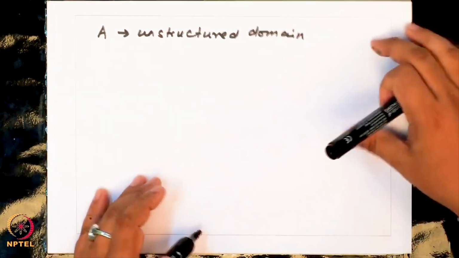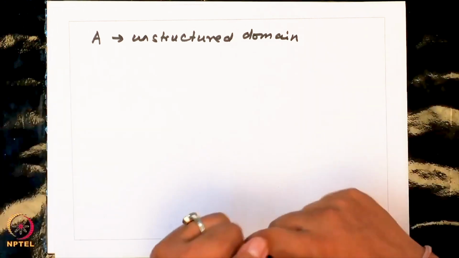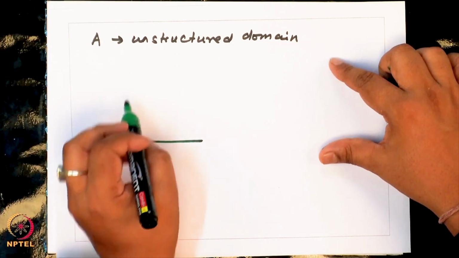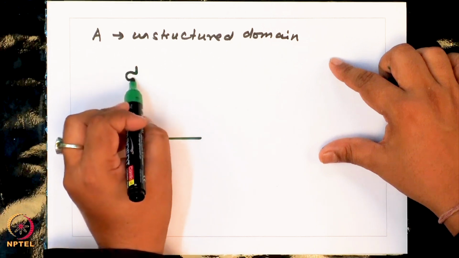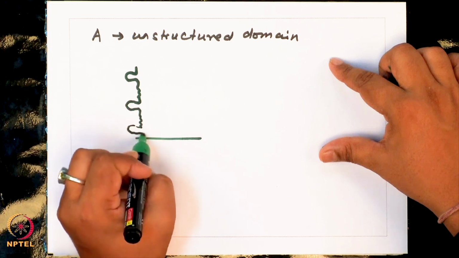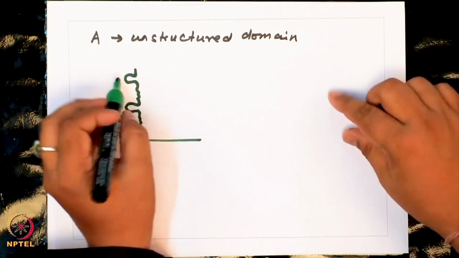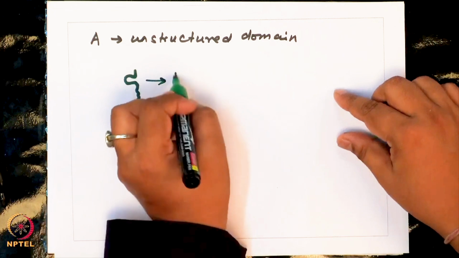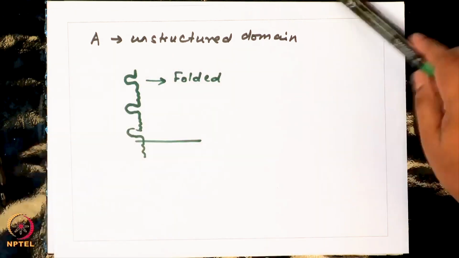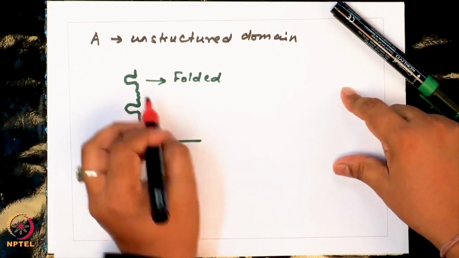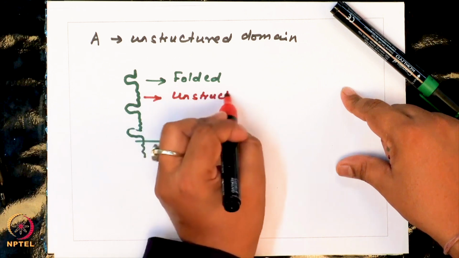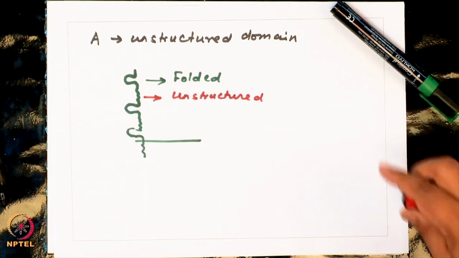And on what basis do I say it? For the simple reason that, let us assume, if I draw a protein like this, these are folded and these are unfolded.